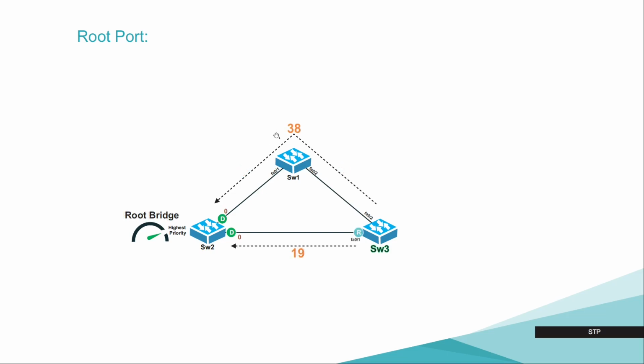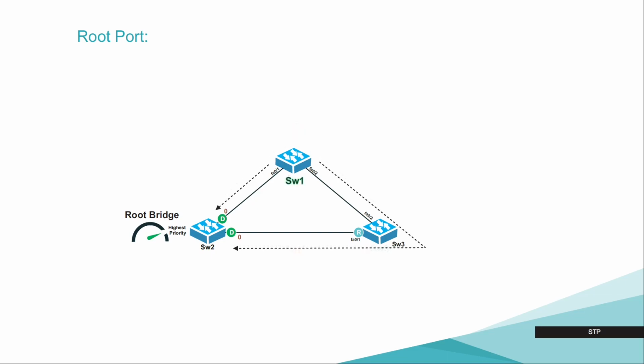So we have a path with 38, which is 19 plus 19, and another path with 19. For root cost, we are looking for the lowest path cost in order to find the root port. In that case, interface FastEthernet 0/1 will have the lowest path cost and will become the root port.